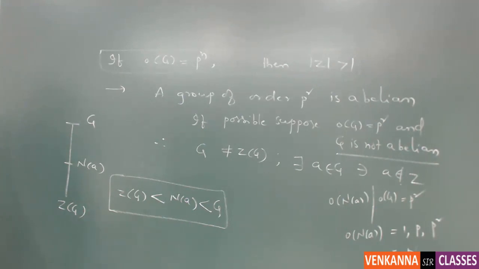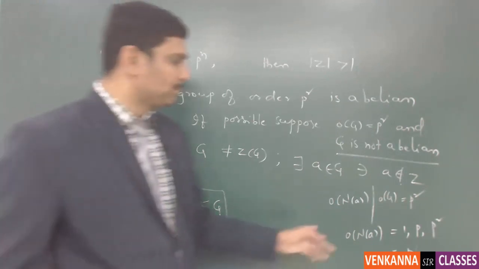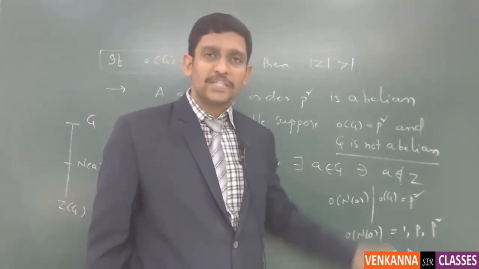Are you getting the logic? The smallest set is center, bigger than this is normalizer, then bigger than this is the group G. So center is a subgroup of G and normalizer is also a subgroup of G. Since subgroup order divides group order, order of N of A divides P square.